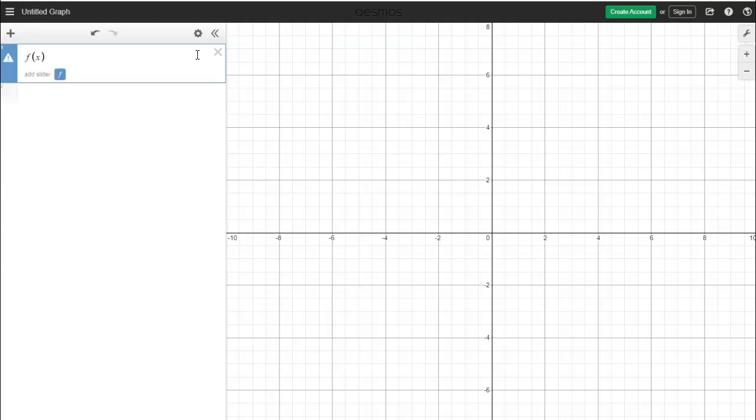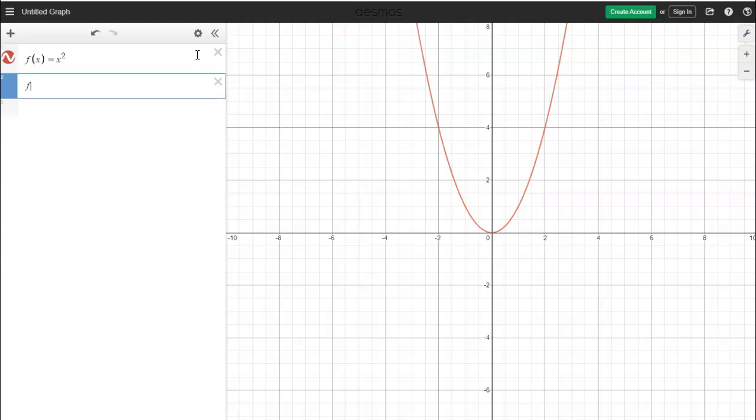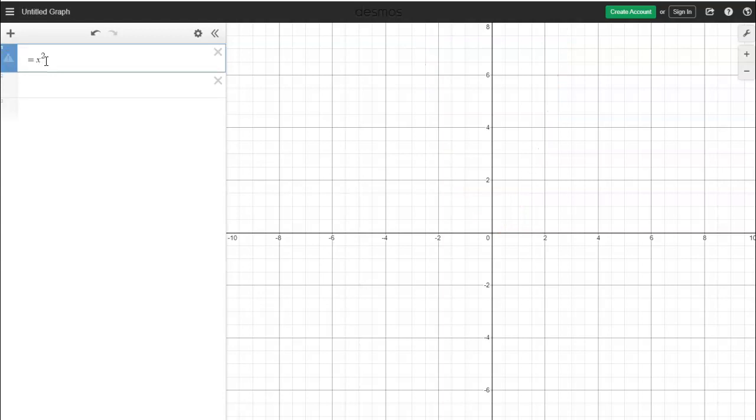So if I say f of x equals x squared, there's what my graph looks like. Now notice we didn't restrict this domain yet. I forget how to do function notation here on Desmos, so let's change this back to a y equals x squared.